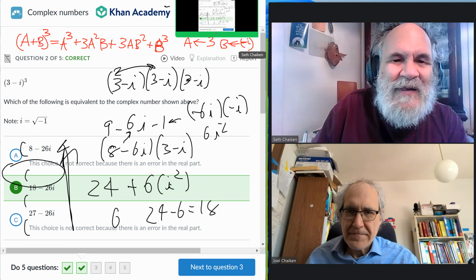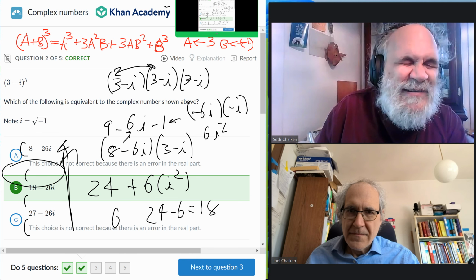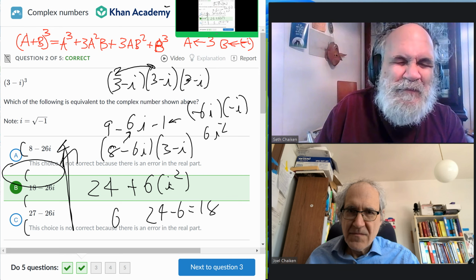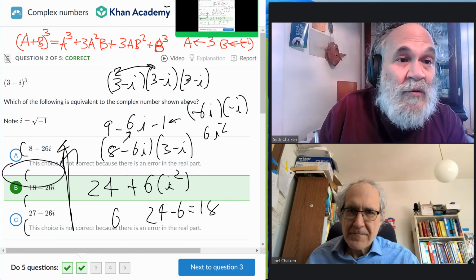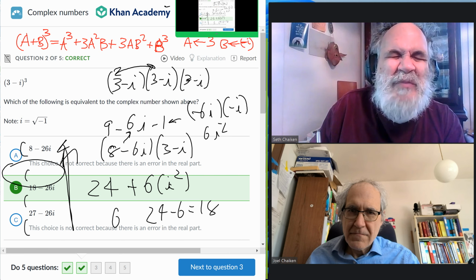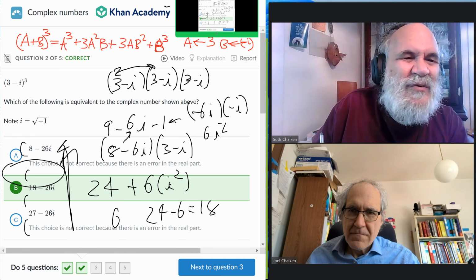Okay, now we apply Joel's strategy that only the real part is interesting. So a is real. So we're interested in the real part. So to calculate the real part, we need to include a cubed.